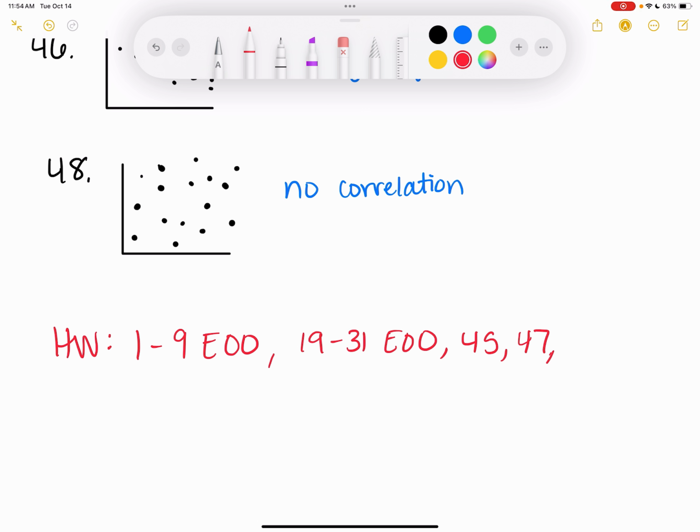Do we need to redraw the correlation graphs? No. For 49, you actually have to make a scatter plot. You're going to need to make lists on your calculator, but we've done this before. But you need to obviously do both parts. Describe the strength and direction there. Your R value will tell you that when you find it.